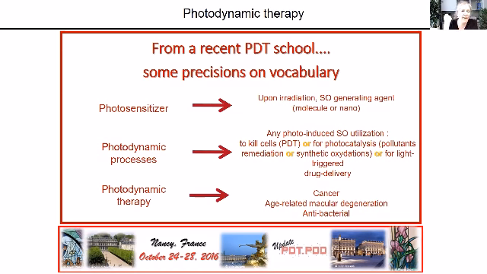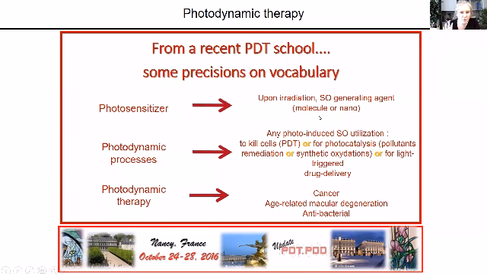What we call a photosensitizer in this field is a system, so it can be molecular, it can be nano, which, when you illuminate, irradiate, or excite it, is generating singlet oxygen, and possibly also other reactive oxygen species.